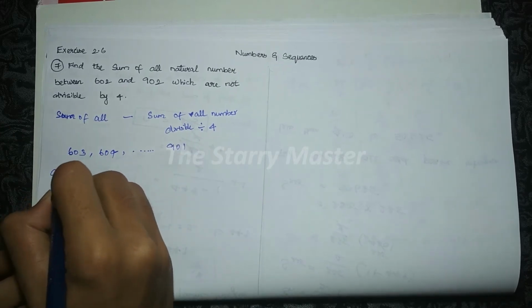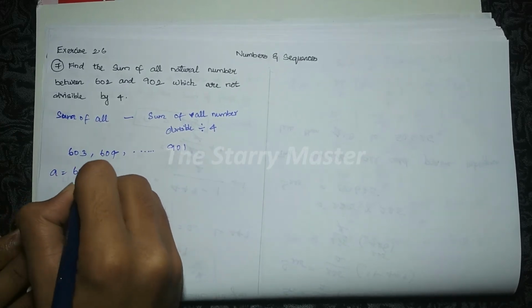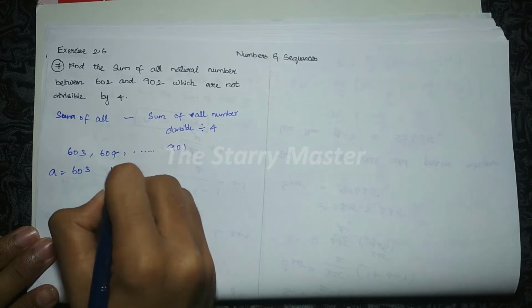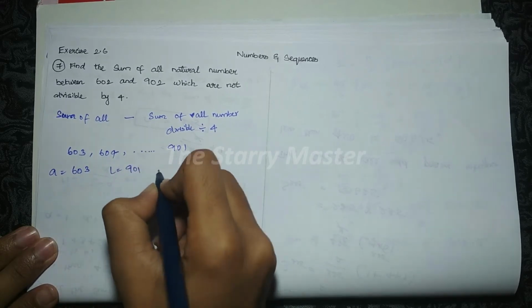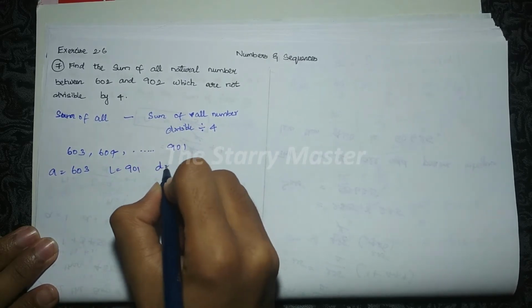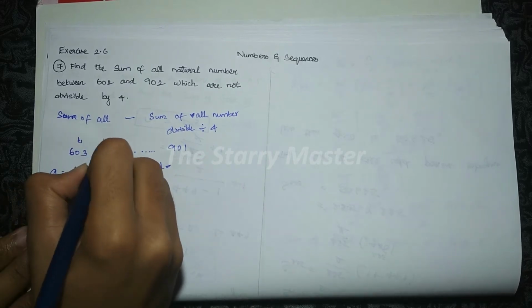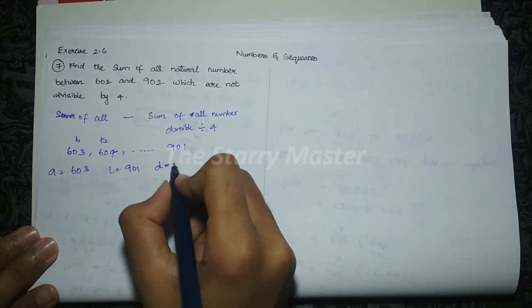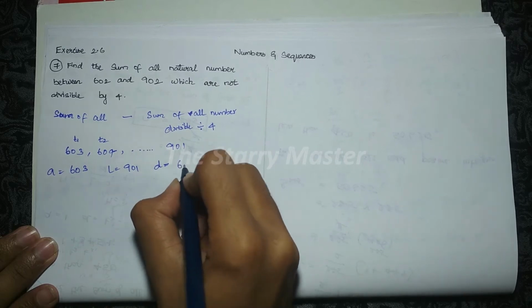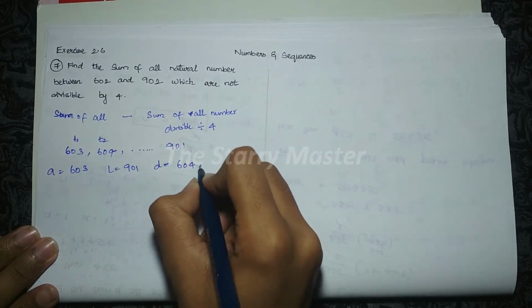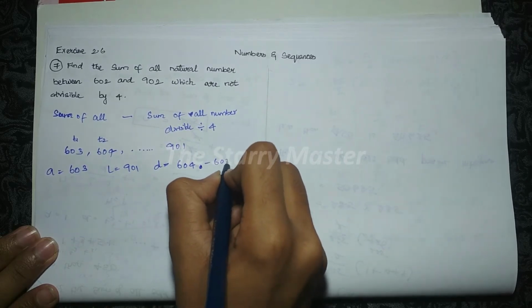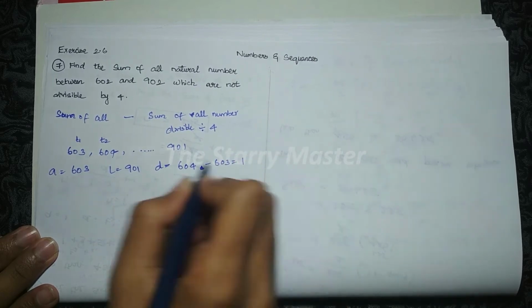From this we will find the D value. D is T2 minus T1, so 604 minus 603 equals 1. The D value is 1.